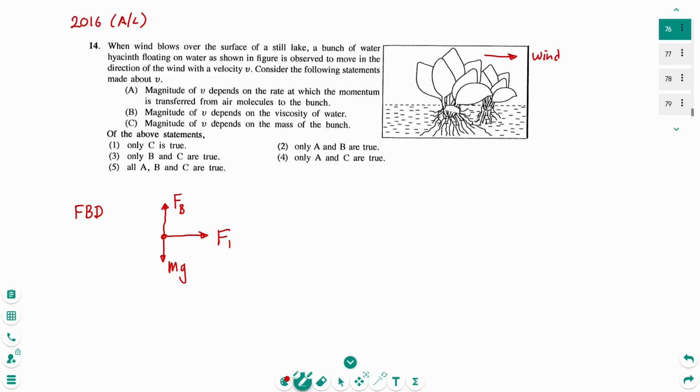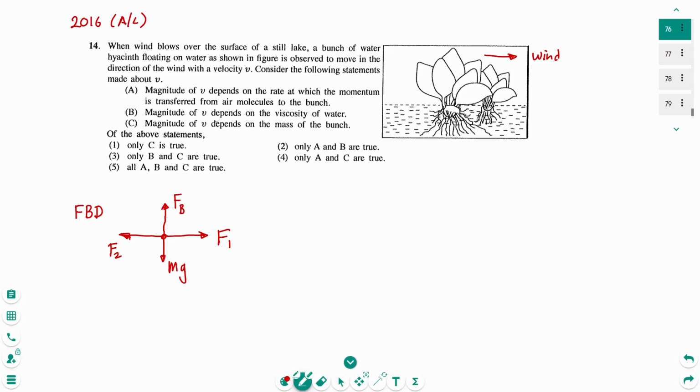I'm going to draw the viscous force as F2. So these are all the forces acting on the bunch. There's a forward force due to the momentum transfer of the air molecules interacting with the bunch, F1. Fb is the buoyant force, that is upward. Mg is the weight of the bunch, and F2 is the viscous force because the bunch is moving forward. It has a forward velocity.